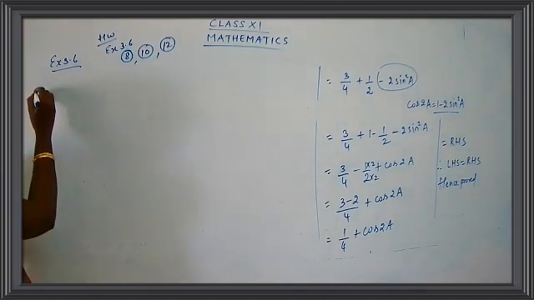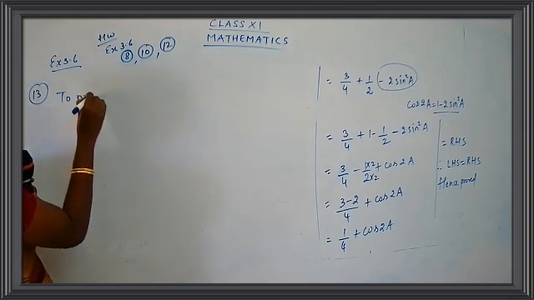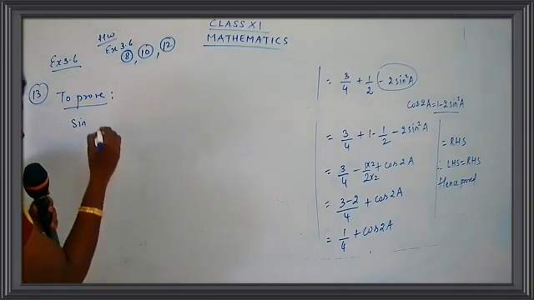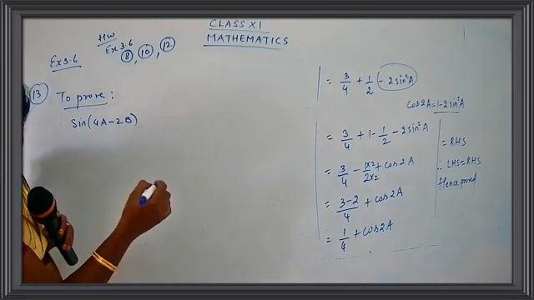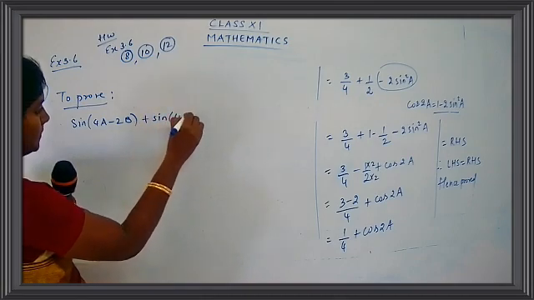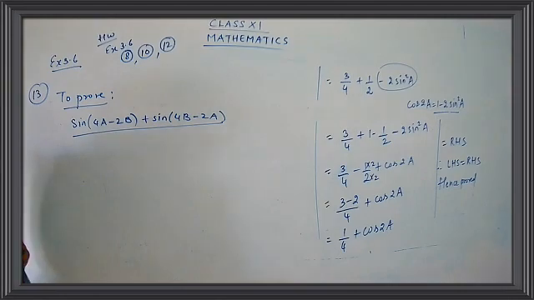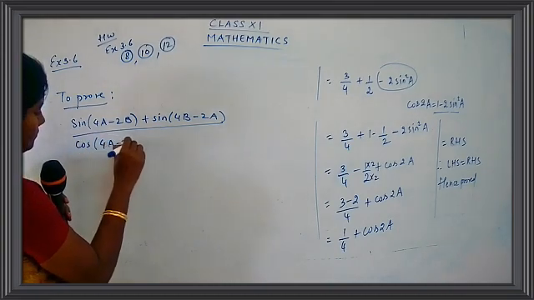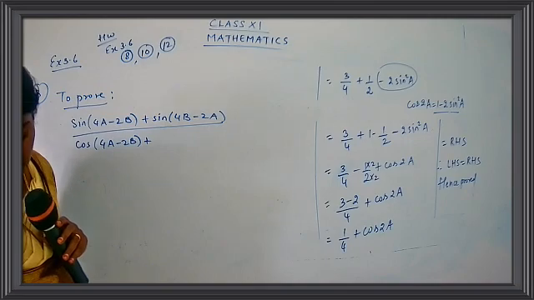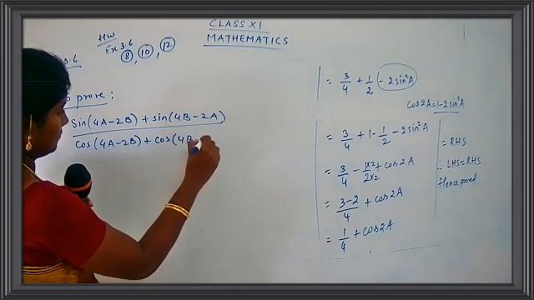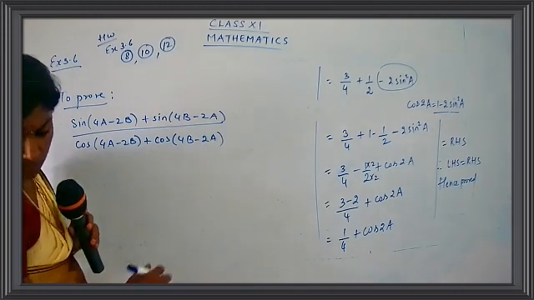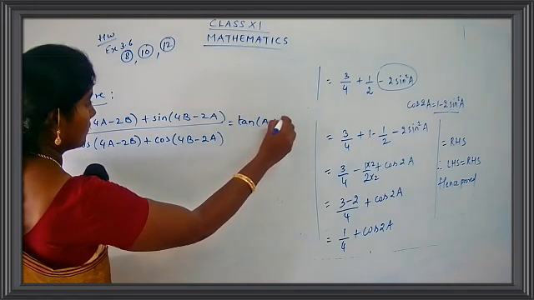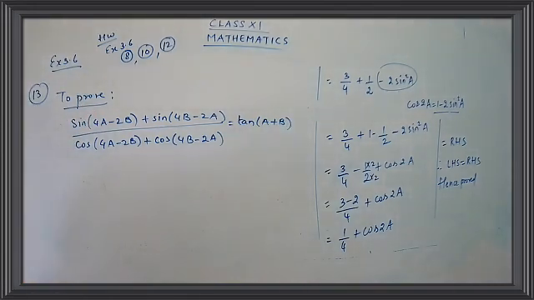So just write down to prove here 13 is to prove sine of 4a minus 2b plus sine of 4b minus 2a upon cos 4a minus 2b plus cos 4b minus 2a is equal to tan of a plus b.